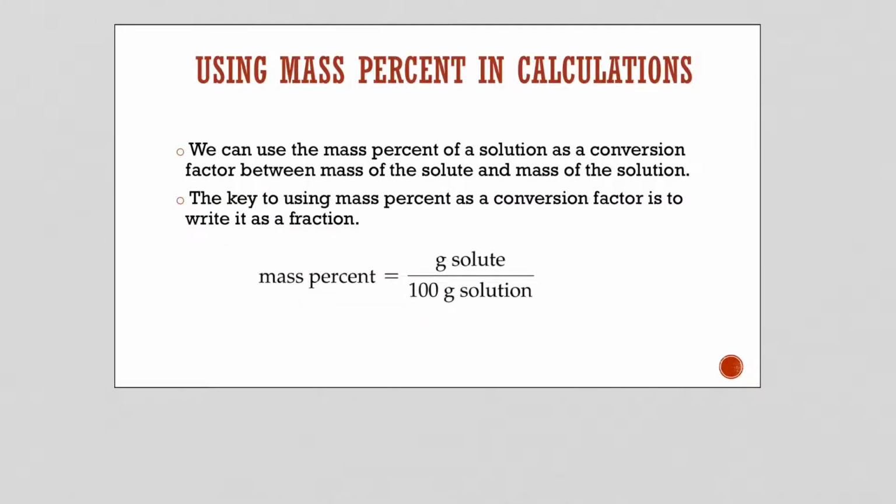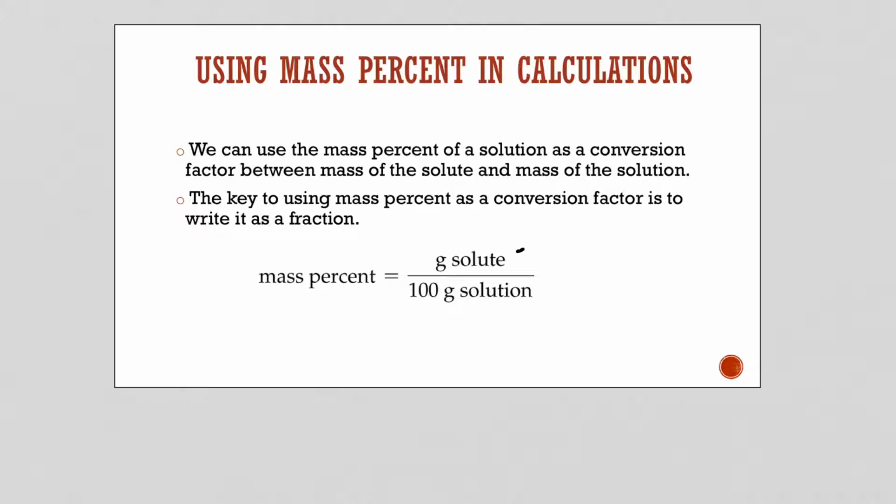Now, one type of problem is simply to calculate the mass percent. Say, okay, here's my grams of solvent and solute. What is my mass percent? Another way that we use mass percent is if we're given the mass percent, we can often use that to figure out either the mass of solute or the mass of solution, right?